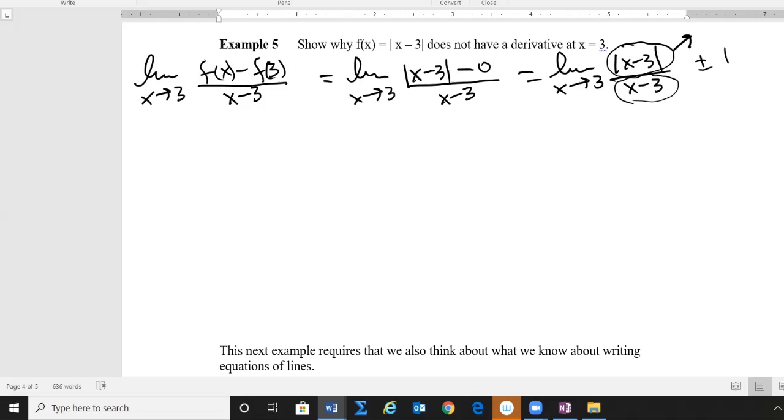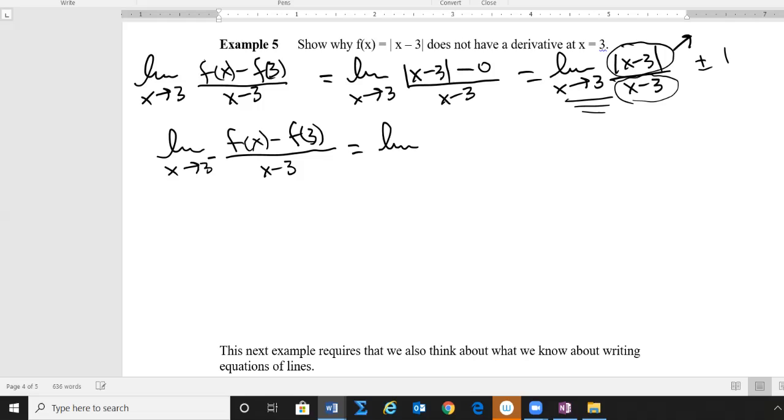So let's look at a two-sided limit. In other words, break this down into two one-sided limits. It is a two-sided limit right now. Let's break it down to this. x goes to 3 from the left. We have f of x minus f of 3 over x minus 3. So that's the limit.